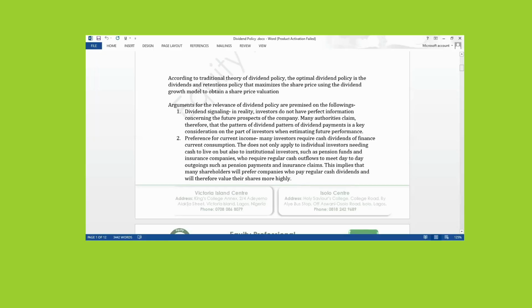They will prefer to receive their return in the form of cash dividends. Many shareholders will prefer companies to pay them cash dividends regularly.